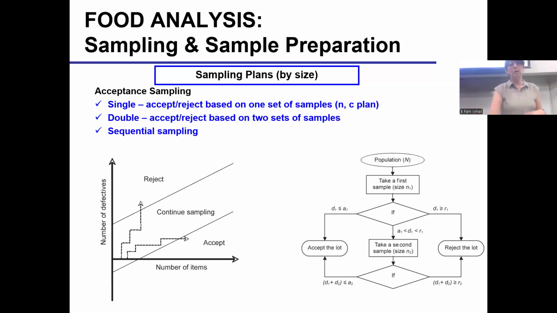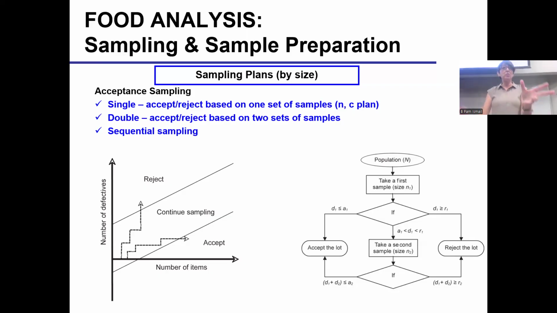Sequential sampling is a little bit more complex, but basically you sample until the number of defects is above a certain amount, so you reject, or you continue sampling, and no matter what, your defects is always lower, so you will be in this side of the graph, and then you would accept. So yeah, just take it as it is. Don't think too much about it, but that's what is sequential sampling.